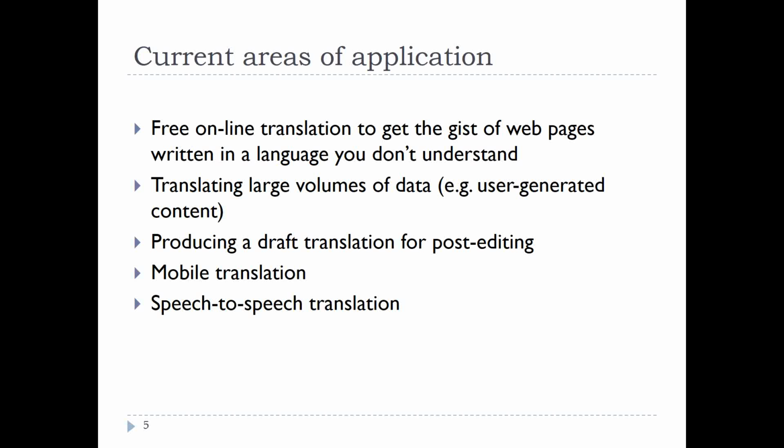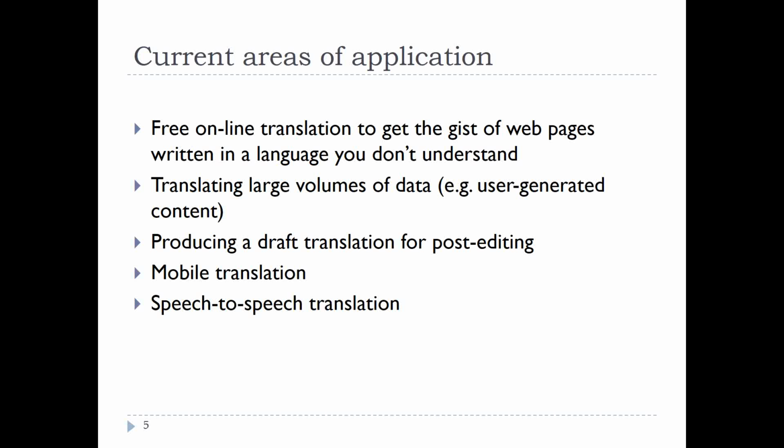So, machine translation is used in a range of different areas, and those would include the type that you're probably familiar with, to get the gist of web pages or other documents with which you're unfamiliar because they're written in a language you don't understand.